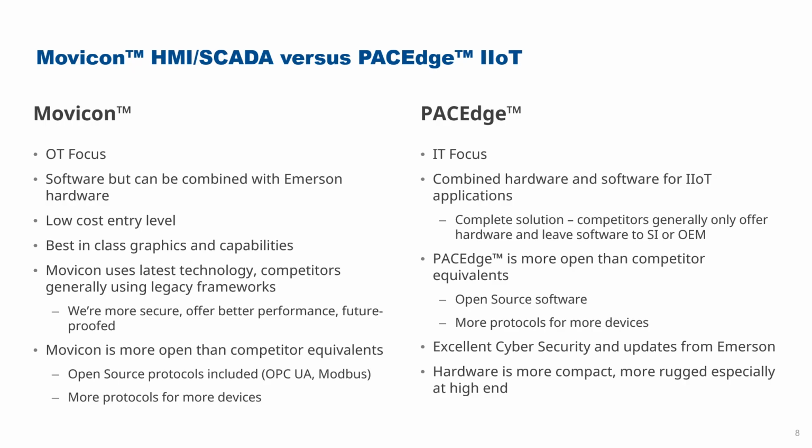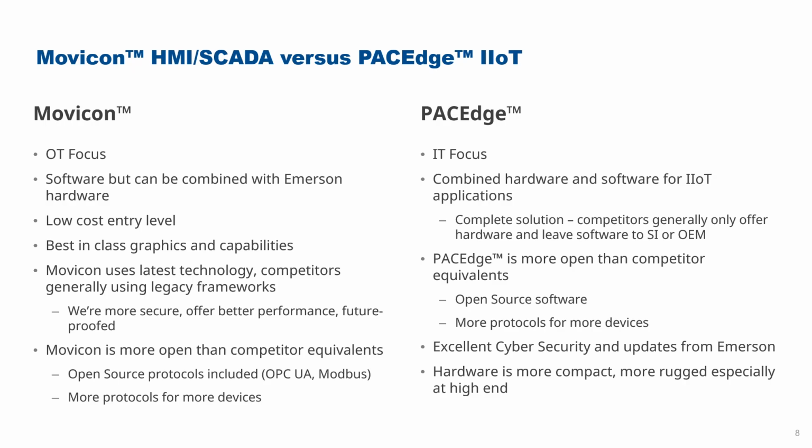We have a lot of competitors that are using legacy frameworks, but with our latest technology, although it's an OT focus, we are leveraging IT technologies to have secure, high performance and future-proofed applications. And Movicon is also more open than a lot of our competitor equivalents. We use open source protocols, and we've got multiple protocols, proprietary protocols, to talk to many different devices.